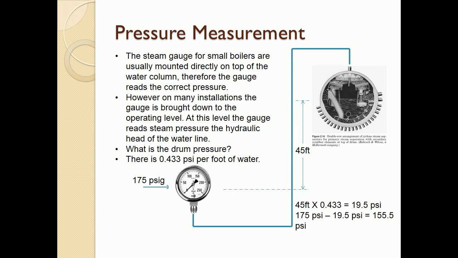Here is the calculation. 45 feet times 0.433 pounds per square inch per foot of water equals 19.5 pounds per square inch. Then 175 pounds per square inch minus 19.5 pounds per square inch equals 155.5 pounds per square inch pressure in the drum.